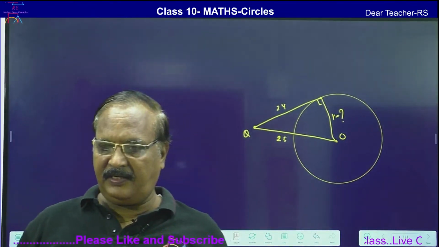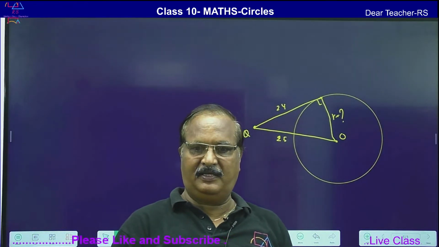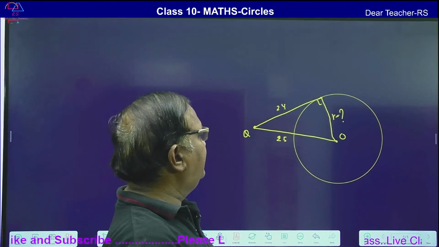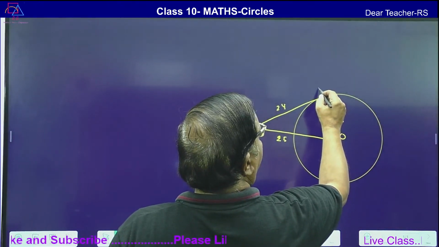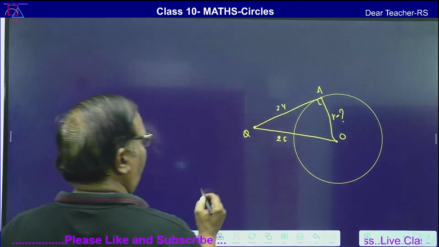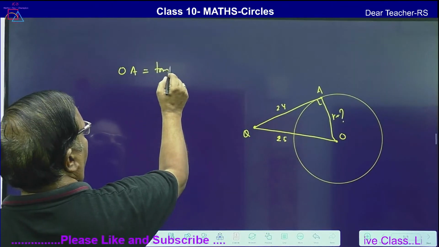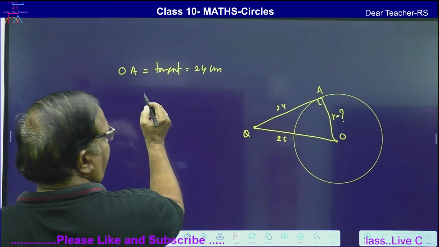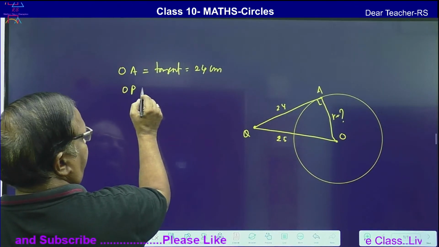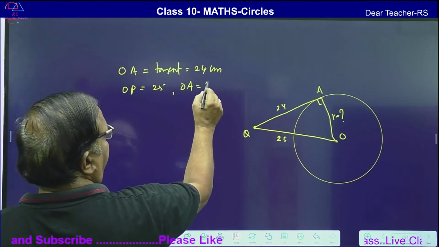Very simple and conceptual question based on the basic concept. So now let me say this is A and this is O. So QA is the tangent, which is equal to 24 centimeters, and OQ is equal to 25, and we have to find out OA.